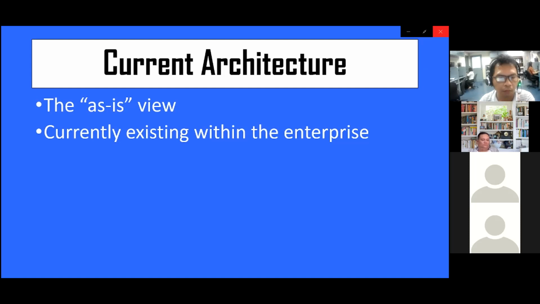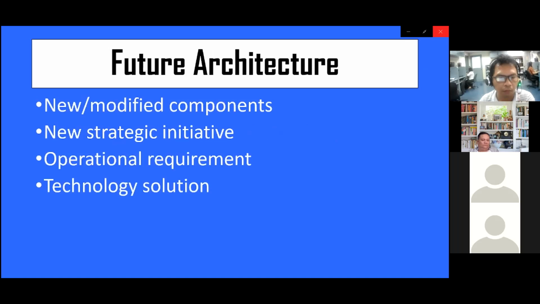So yeah. And of course, from the current, we'll have the future. I've also mentioned this earlier. It means the modified version of the current architecture. So that is why it is important to be as comprehensive as possible.